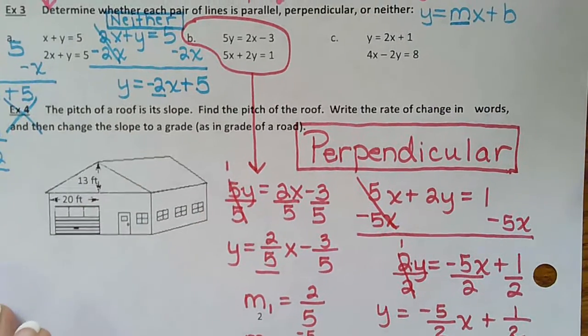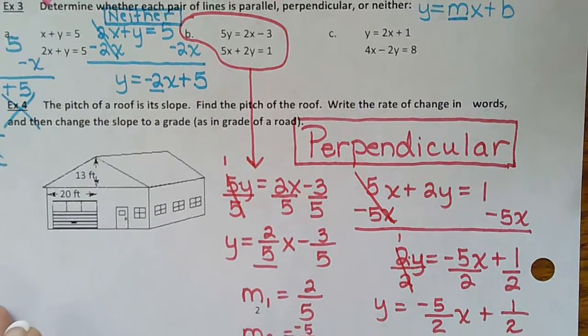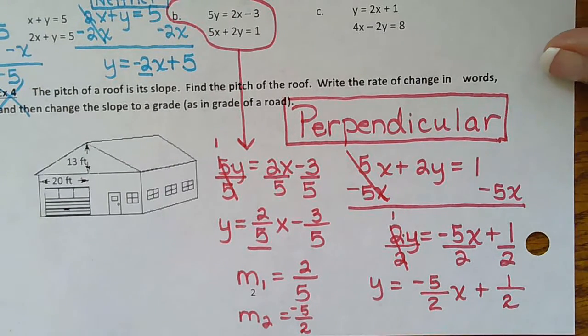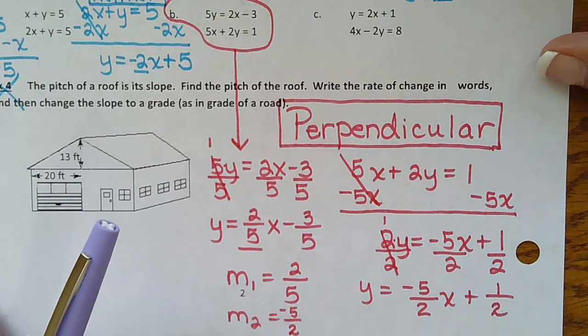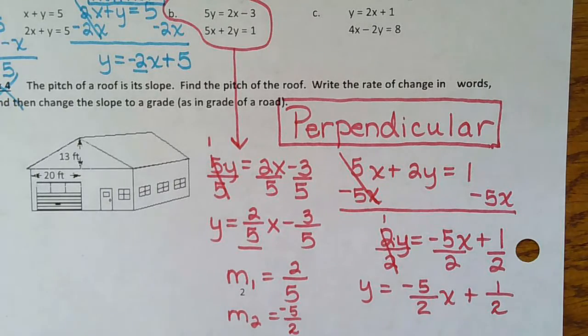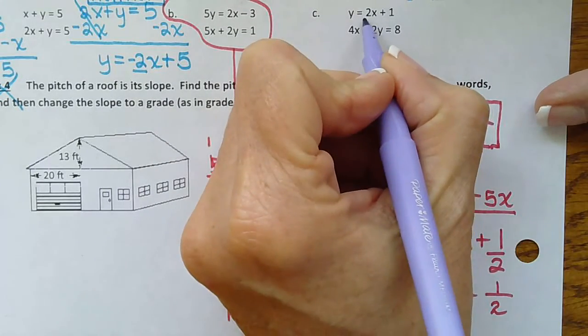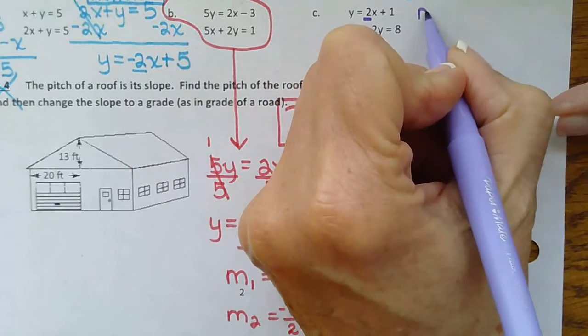Okay, one more. Let's go ahead and look at C. So what do you notice about the first one on C? Yay! It's already solved for y, right? So we can pull the slope right off of that.